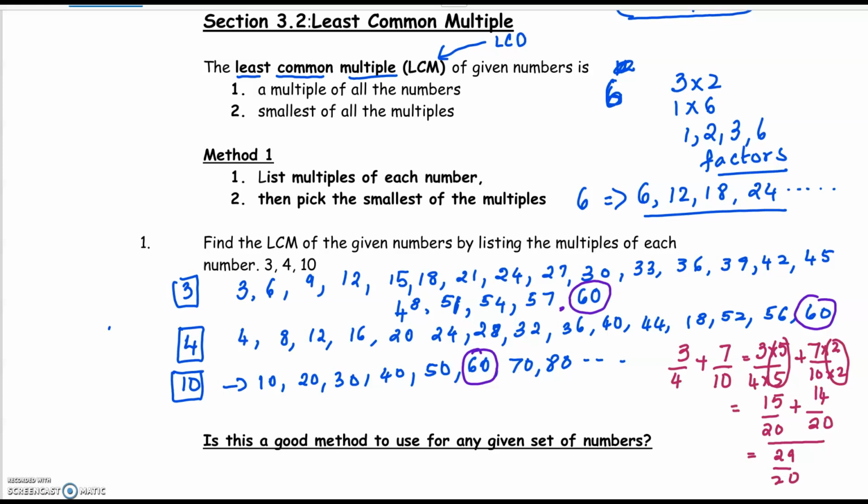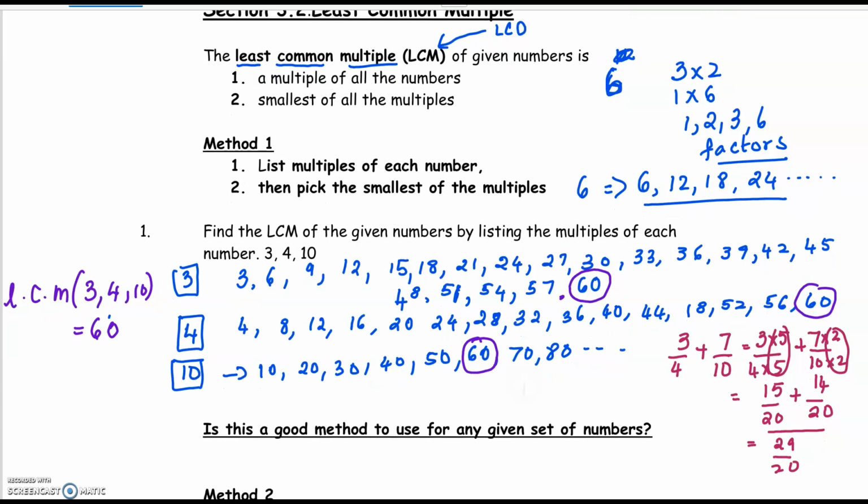So the least common multiple of 3, 4, and 10, because now it has to be common to three numbers, not just a pair of numbers, it just gets larger in this case, so it is 60. So 60 is the LCM of 3, 4, and 10.